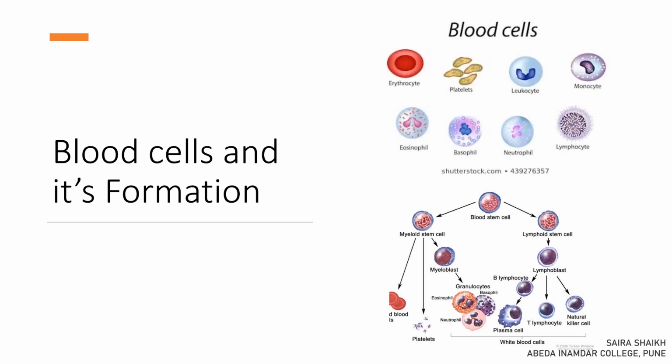Myeloid stem cells produce RBCs, platelets, and granulocytes of WBC, while lymphoid stem cells produce the lymphocytes, which are a type of WBC.